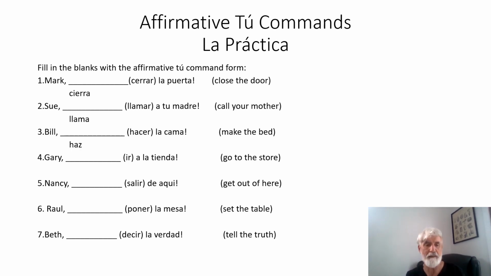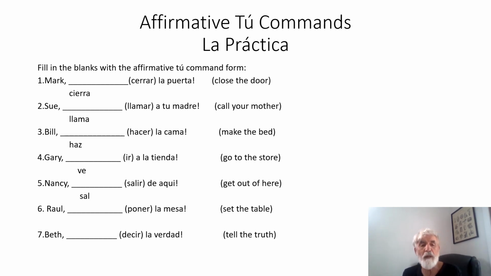Bill, haz la cama. Now you're going to tell Gary to go. Ir. It's another irregular verb. Ir a la tienda, the store. So go to the store, ve. You just have to learn it. Nancy, you want to tell Nancy to salir de aquí. Salir is to leave. You want to tell her to leave from here. It's irregular, so it will be sal.